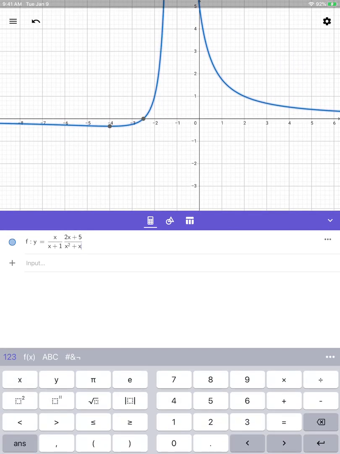Okay, so y equals the square root of 2x times x plus 1 divided by the absolute value of x plus 1.